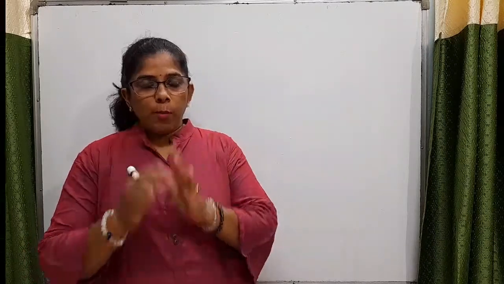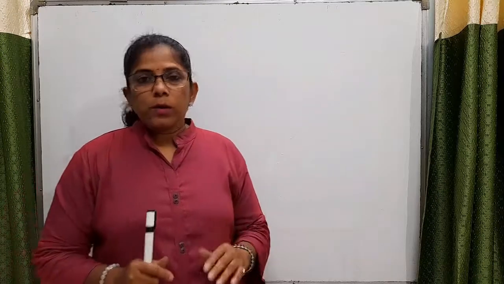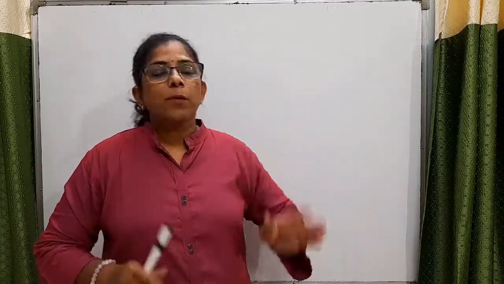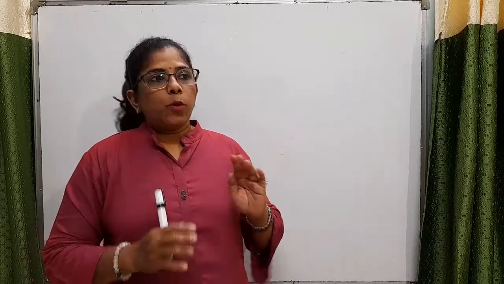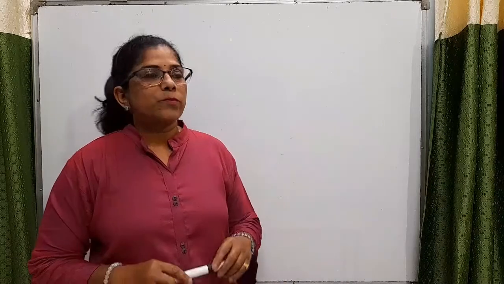Whenever we borrow an amount, either from a bank, from a society, or from any person, while returning we never return the same amount. Suppose we borrow 1 lakh from the bank and are going to return it within 1 year's time.